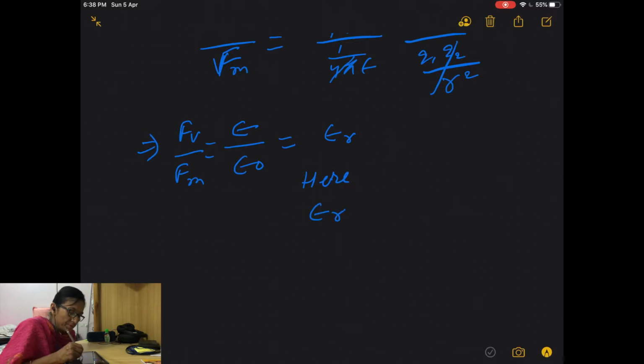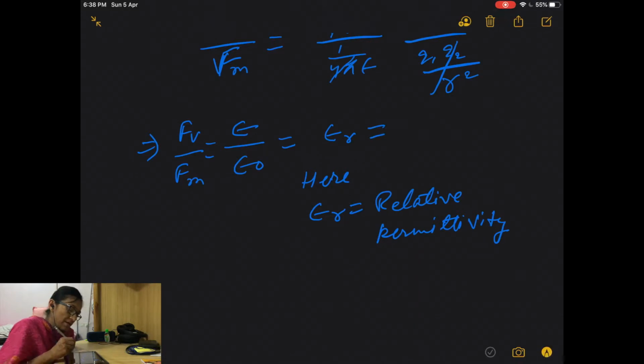This is termed as relative permittivity. Here epsilon r is equal to relative permittivity. And the same ratio is also called dielectric constant, and this constant is capital K. Just remember, there are two K's in this Coulomb's law.